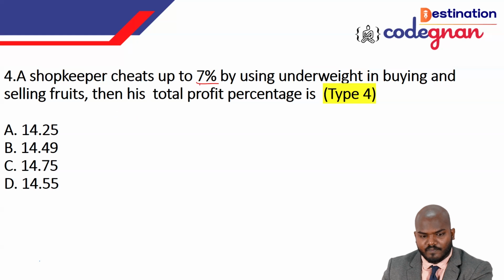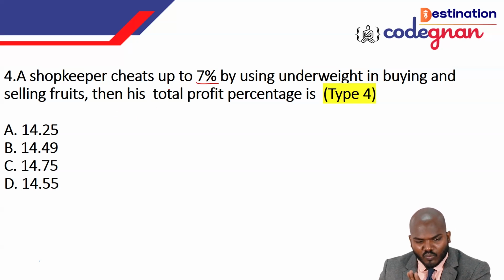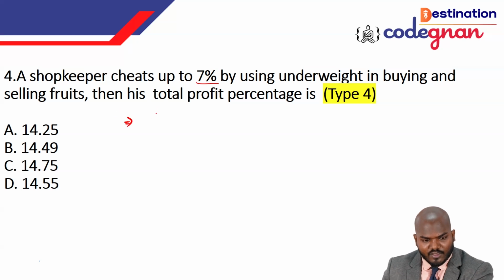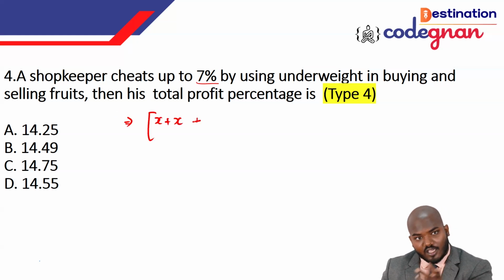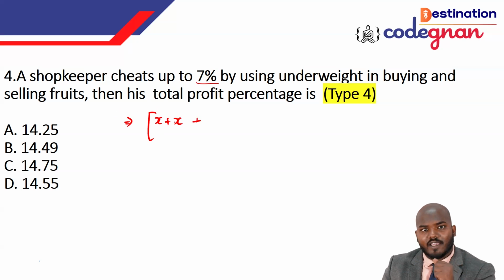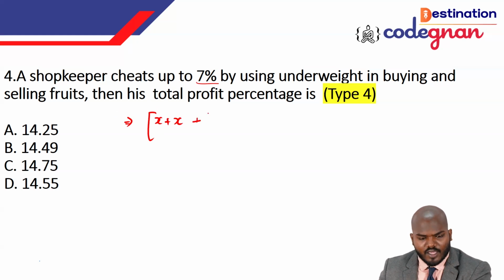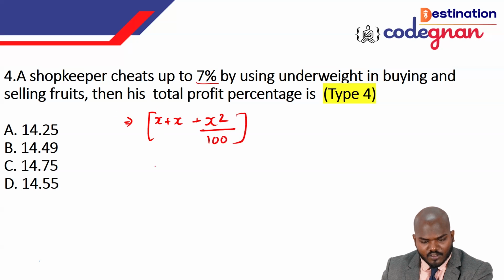7% is the profit there. So 7% is what he was getting here. I don't want to take it directly, so I can call it the formula, that is x plus x, since both times, the cost price and the selling price, he was getting a profit there, plus x square by 100 here. You see this one, x is equal to what?